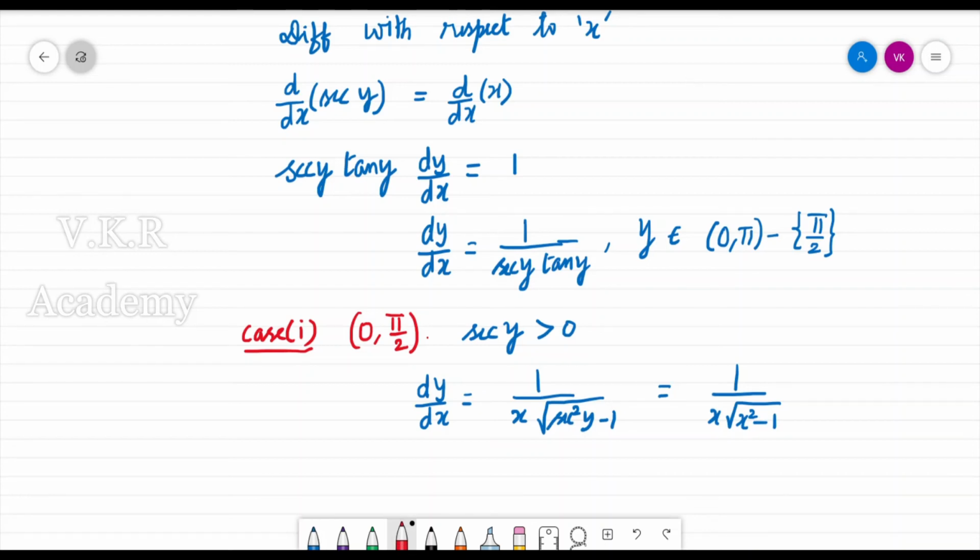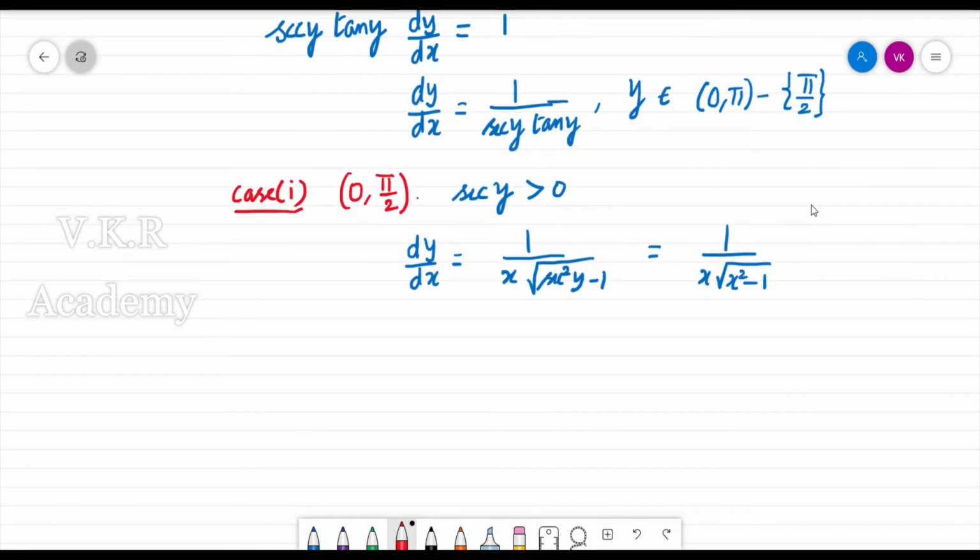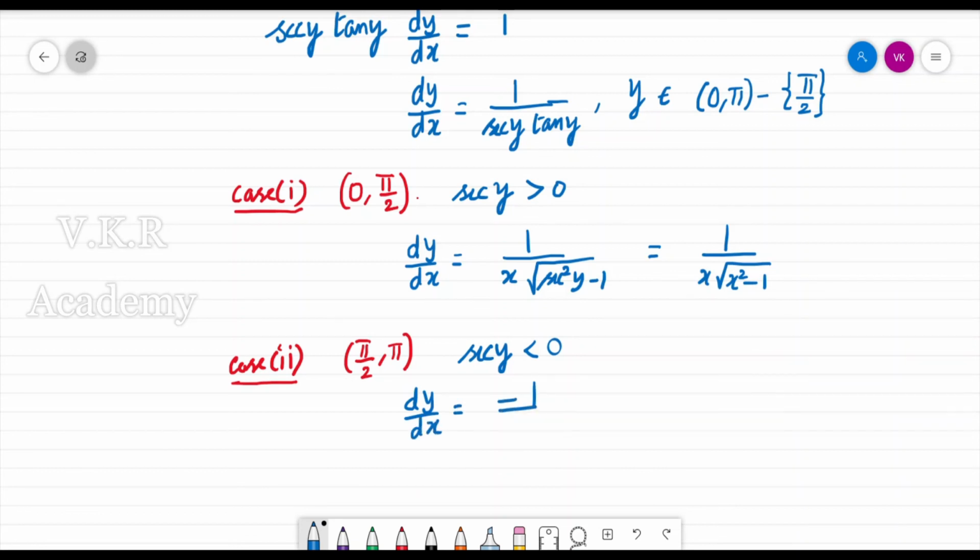Now consider the second case, the interval pi by 2 to pi, which lies in the second quadrant, where secant y is less than 0. So, dy by dx is equal to minus 1 by x into root of x squared minus 1.